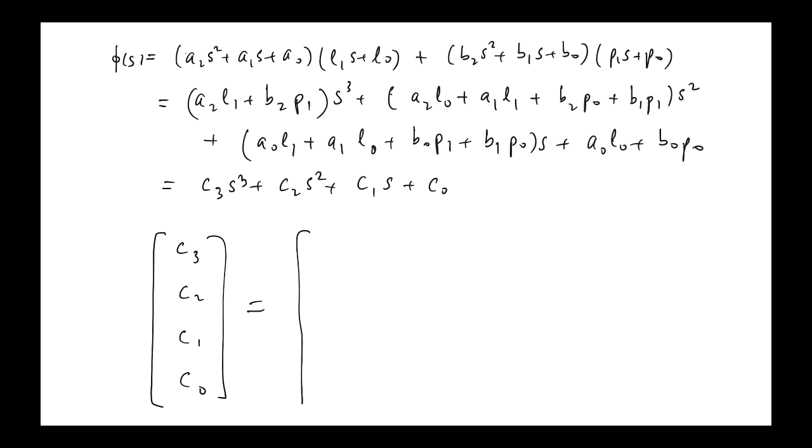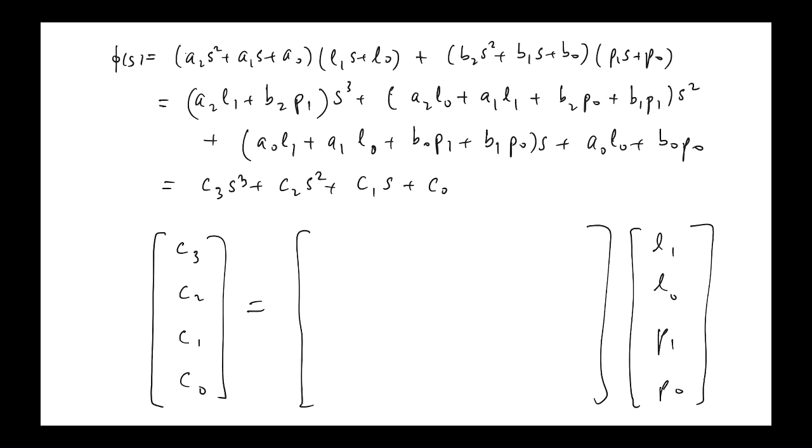And we're going to get a matrix, and that matrix is going to multiply L1, L0, P1, P0. So this is a vector now constructed out of our unknowns, the coefficients of the controller transfer function polynomials that we're trying to find, all right?